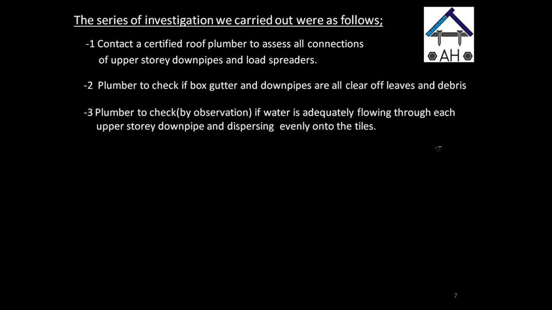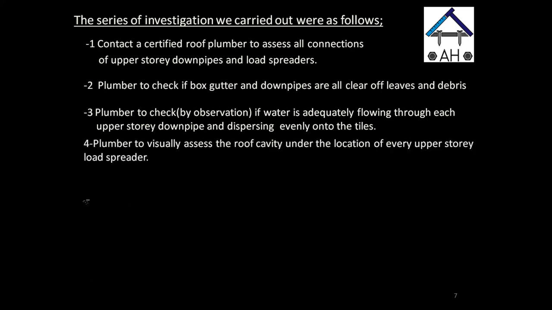Plumber to check by observation if water is adequately flowing through each upper story downpipe and disperses evenly onto the tiles. The way this is done is by putting a high pressure hose with a known set value through each upper story downpipe. Then the plumber would visually assess if water is seeping behind the junction of the wall and the lower roof cavity or not.